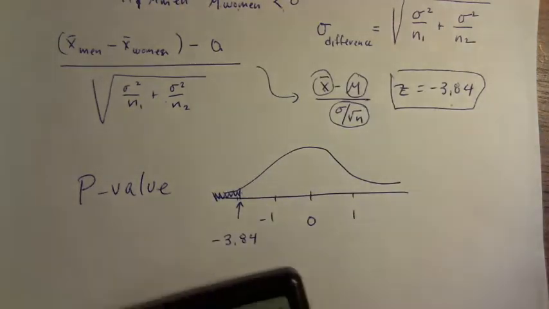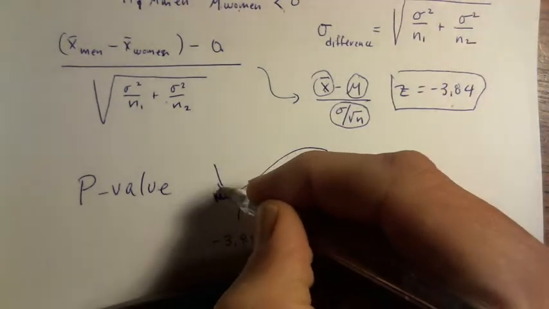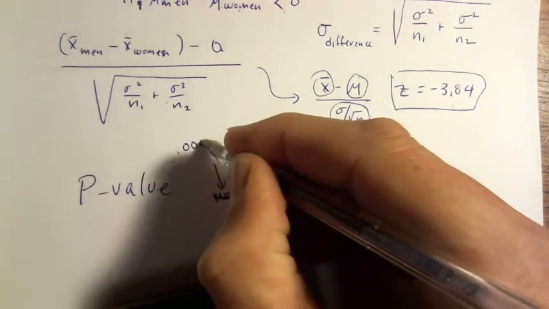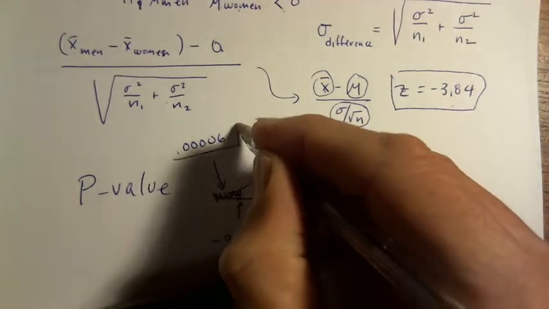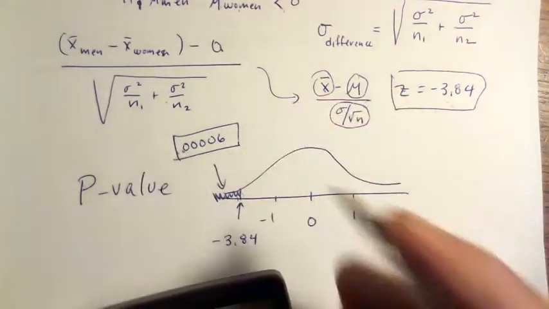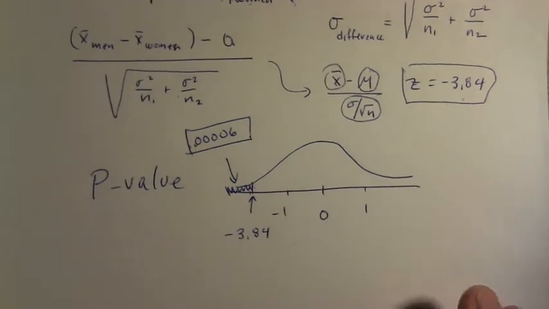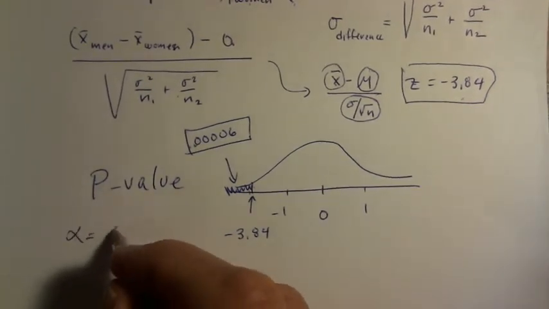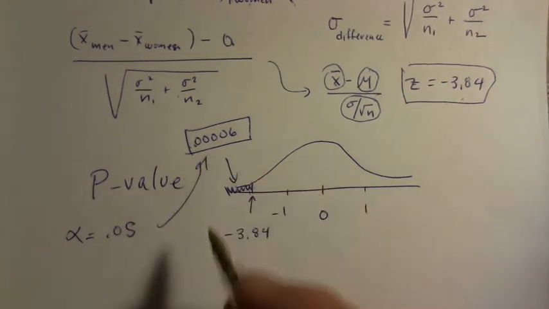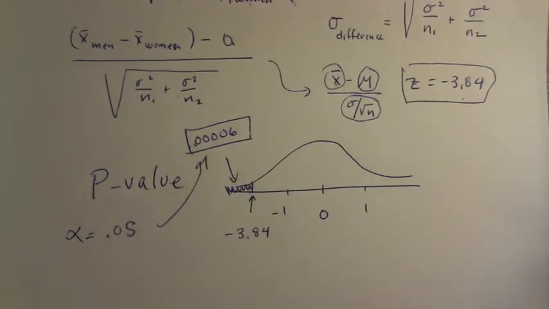So the p-value, this area, is 0.00006. Very small. Very easy to reject the null hypothesis. So at the alpha equal to 0.05 significance, this is much smaller than alpha, so we can safely reject the null hypothesis. That went longer than I thought it was going to.